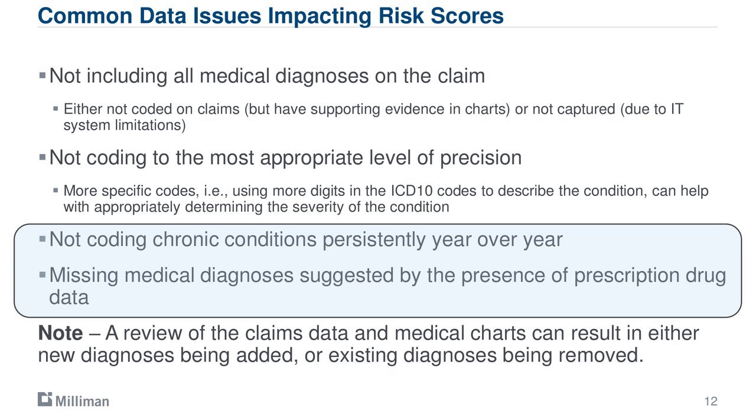Then there are two other things that we typically look at that have even greater impact. Number three on my list is that chronic conditions may not be coded year after year. In fact, this is fairly common. And the second is that there are prescriptions in the drug claims that you could observe, for which the drug classes are used exclusively for treating certain medical conditions.